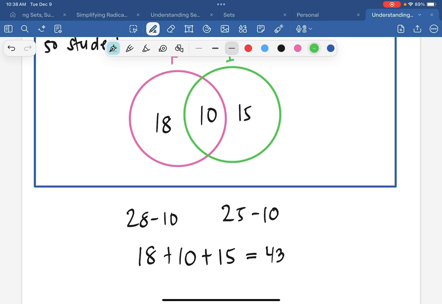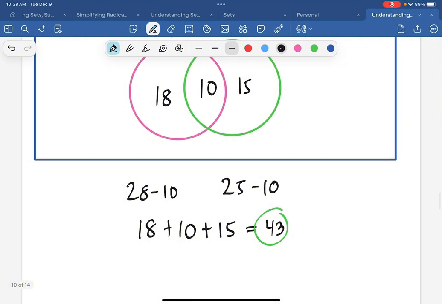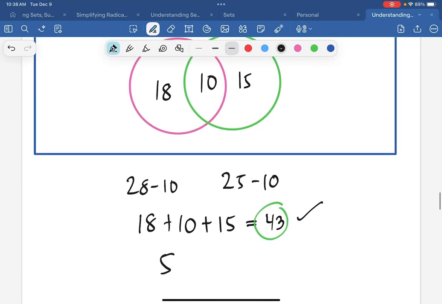So let's remember this. This is the totality of students who use at least one of the platforms. Now, there are 50 students in total, but subtracting 43, that means there are 7 students who don't use any of the platforms mentioned. So 7 goes outside.